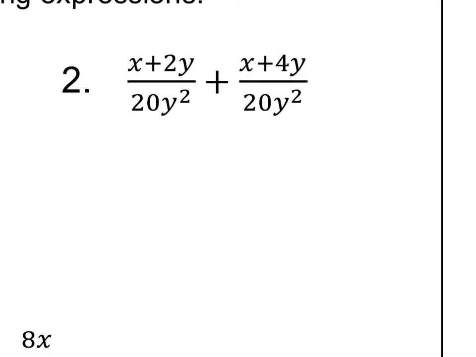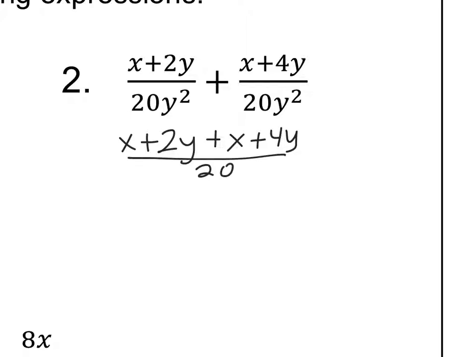Example number 2. Here, we have x plus 2y over 20y squared plus x plus 4y over 20y squared. Notice the denominators are exactly the same. So what I can do now is combine the tops. I get x plus 2y plus x plus 4y, and that's going to be all over 20y squared.